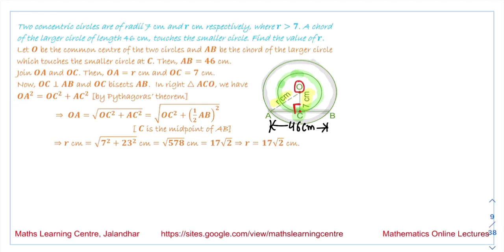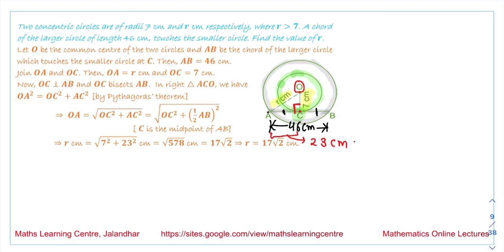Second thing we have is that AC and CB will be equal because OC is the perpendicular from the center on the chord AB. So C is the midpoint. So what we get is that this length AC will be 23 centimeters.